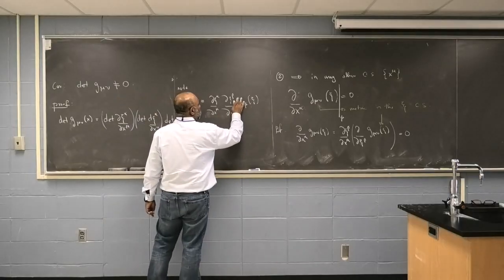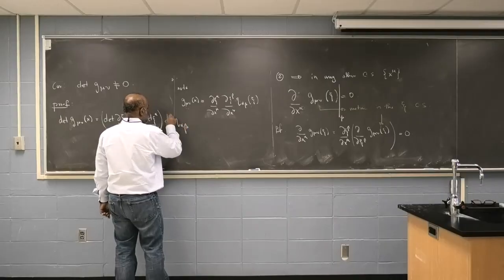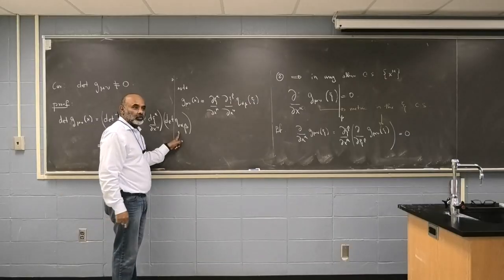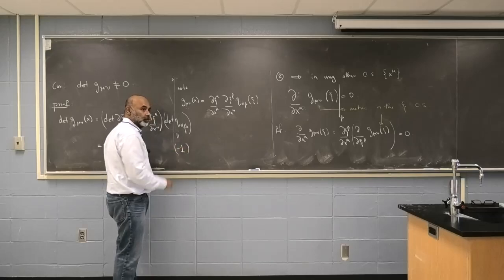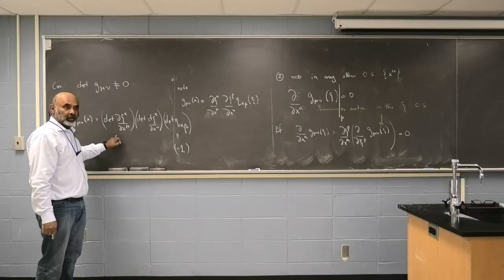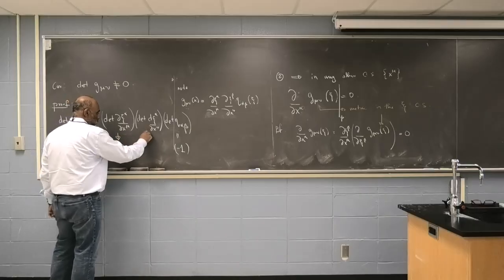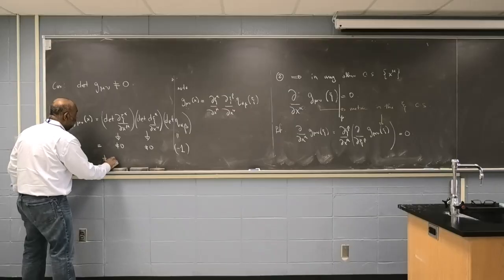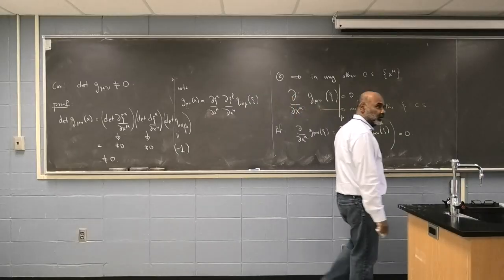And this, of course, is theta. I know this is not 0 because it's -1. Why are these guys not 0? So I'm going to write this as not equal to 0, not equal to 0, therefore this is not equal to 0. But why are they not equal to 0?